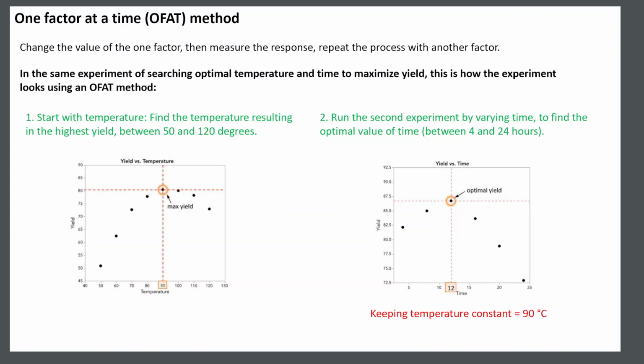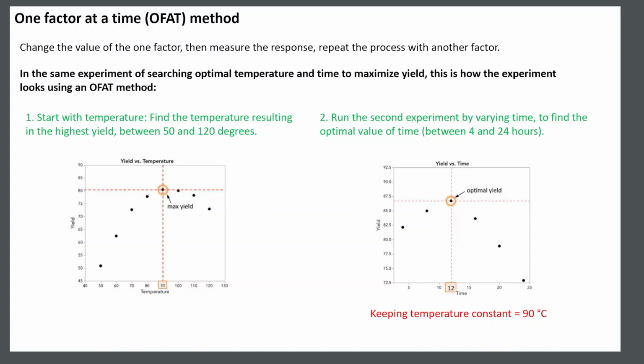Next we'll do the second experiment. We're keeping the temperature constant at 90 degrees Celsius because that is where we got the maximum yield, and we are going to vary the time between 4 and 24 hours. We start with 4 hours and increase it with a 4-hour increment up to 24 hours.